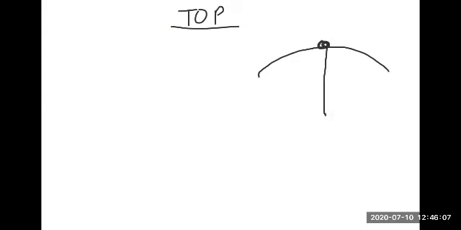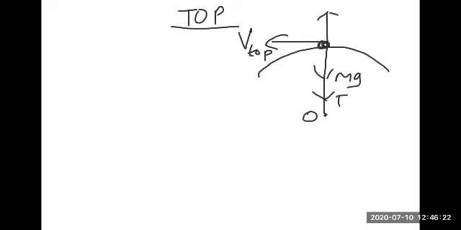If you observe the diagram at the top, the weight of the body is acting downward. Tension always acts towards the point of suspension in the string, and this point is O, the center point. And another force acts outward, because the top velocity is v top. So we can write m v top square by radius.